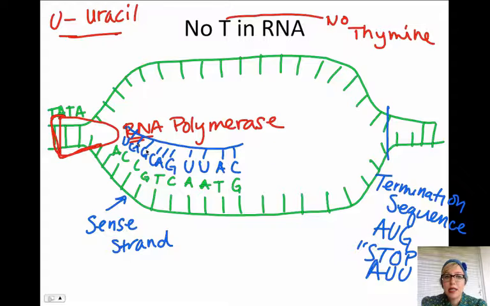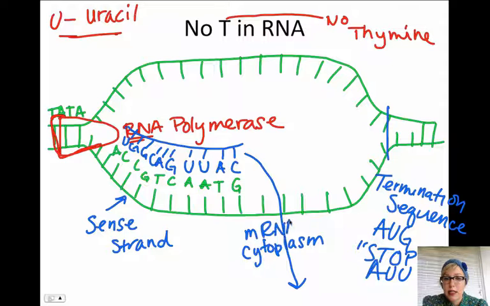And when it's done, this mRNA strand just takes off and leaves, and it's going to leave the nucleus. It's going to go through the cytoplasm. So mRNA to cytoplasm, and it's going to find a ribosome, and that's where translation is going to happen.